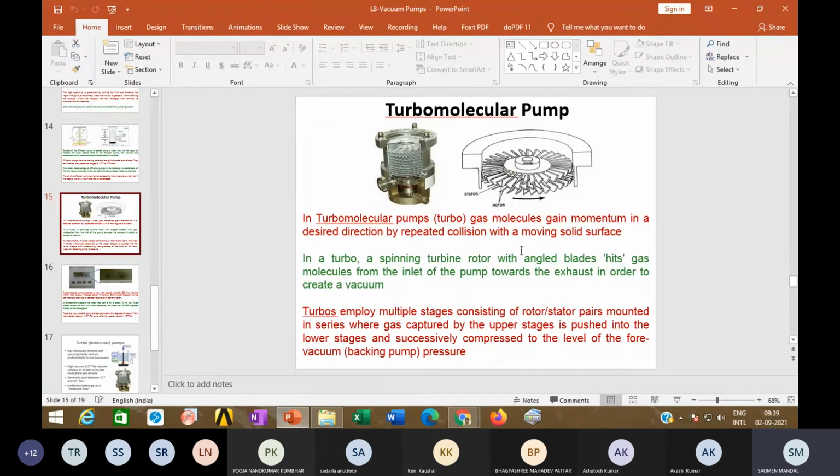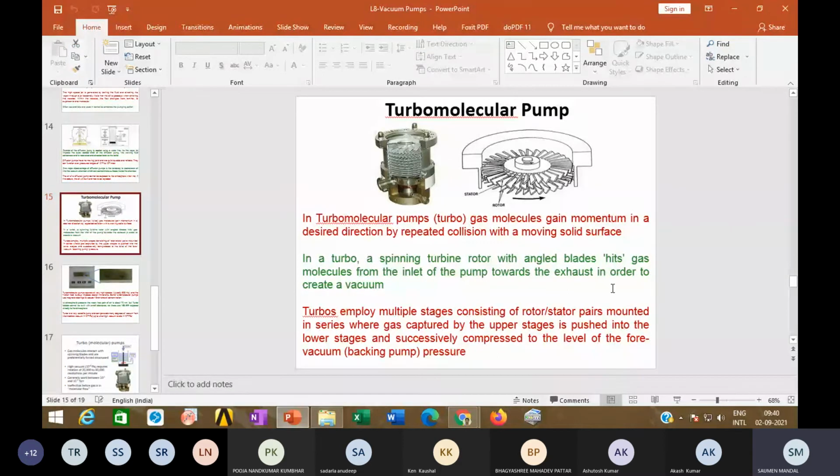How is it pushed down? It is like hitting a ball with a bat. The blade will hit, and because of the arrangement, it will hit toward the below only, and then it will come down.